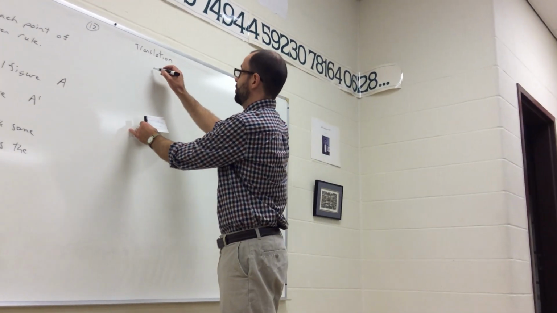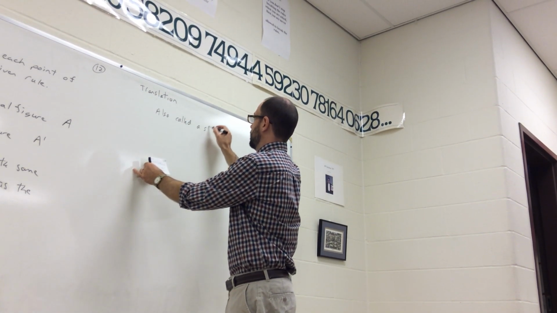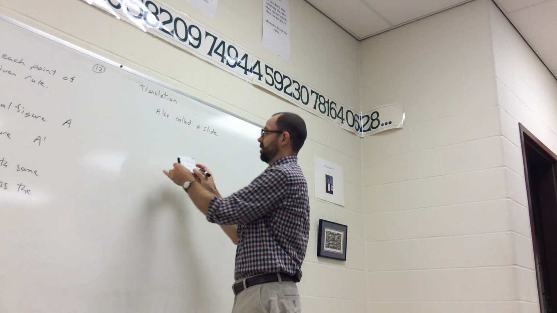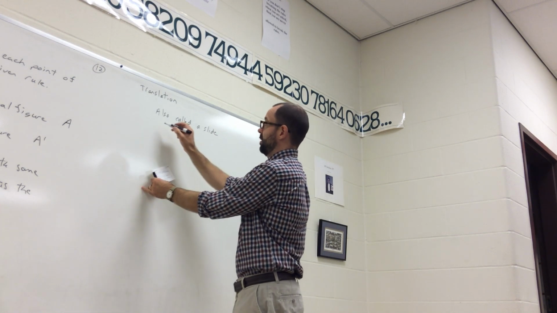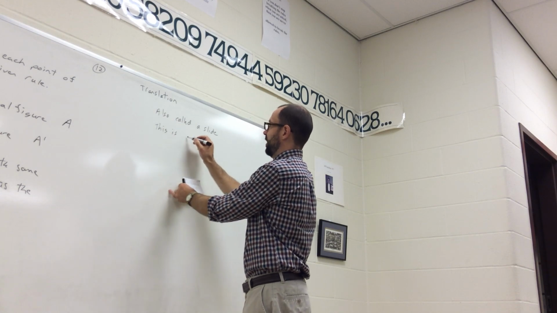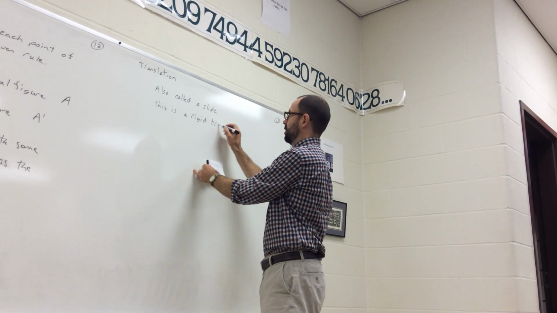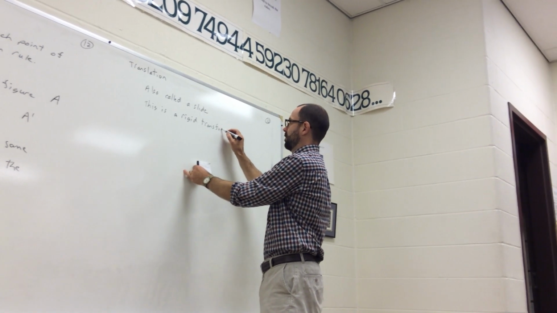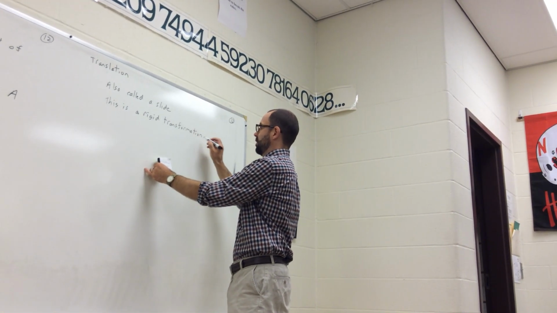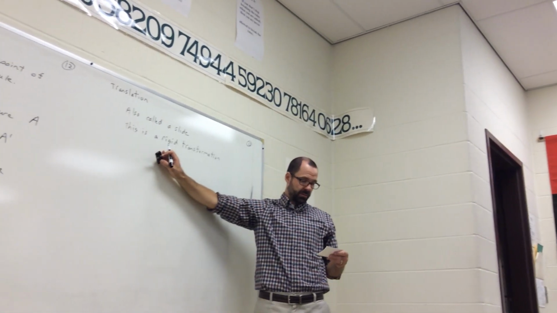Okay, so today's transformation was called a translation, and this is also called a slide. And this is a rigid transformation, meaning everything ended up the same size and the same shape.